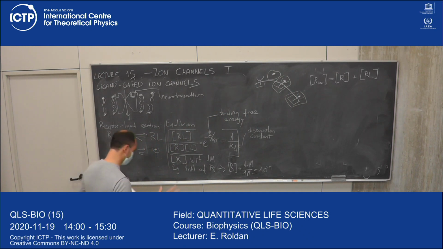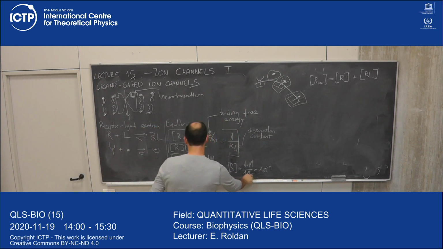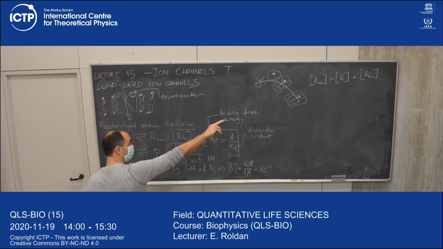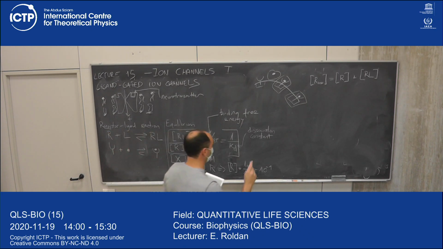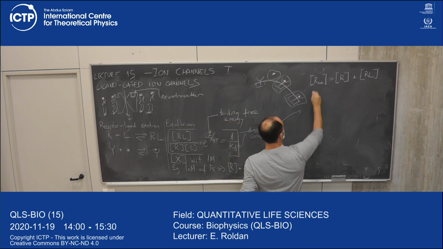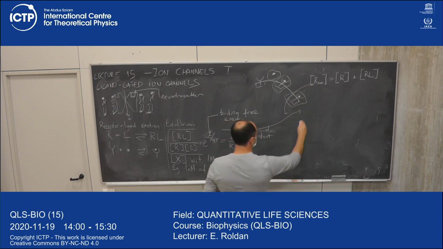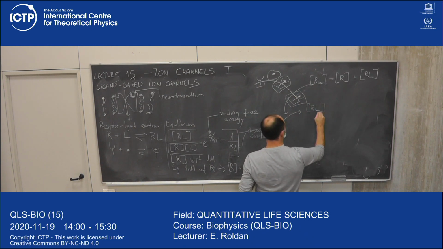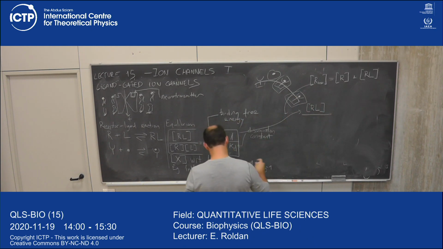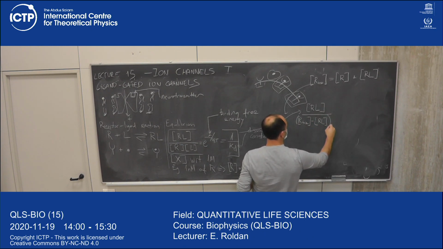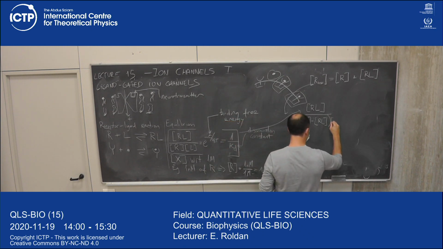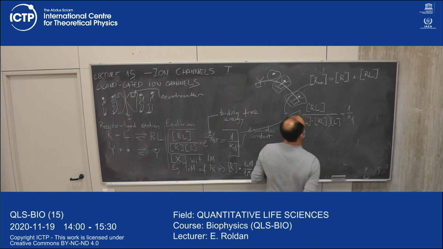Then I take this equation, and I use the other equation to write R in terms of R total and L. So, this implies that RL divided by (R total minus RL) times L equals 1 divided by KD. Right?